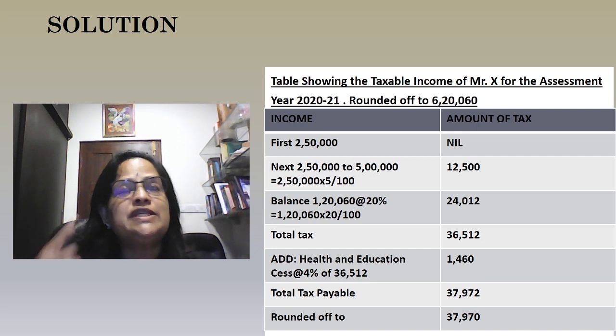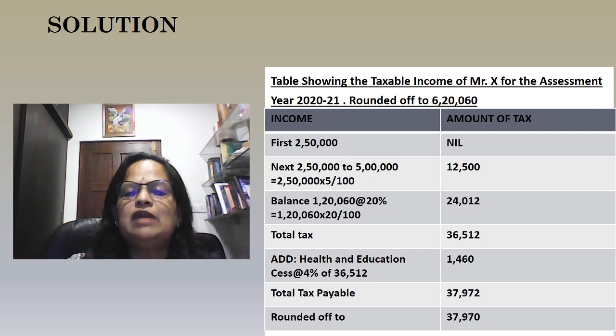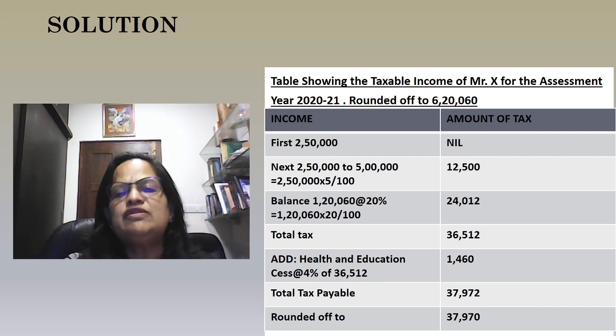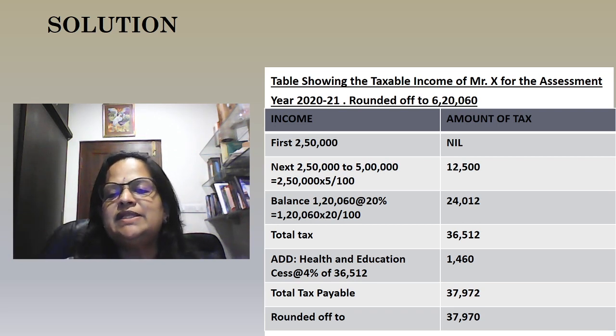Health and education cess is 4%, compulsory on the tax payable, so 4% of 36,512 is 1,460. The total tax payable is 37,972. Now we have to round off. The last digit cannot be 2, so since it's less than 5, we round it off to 37,970.